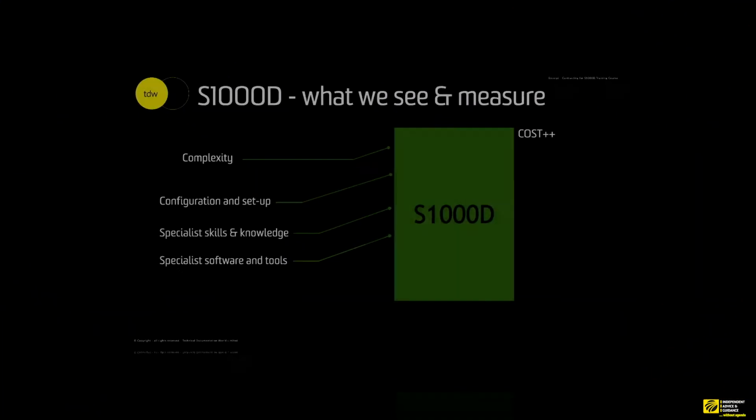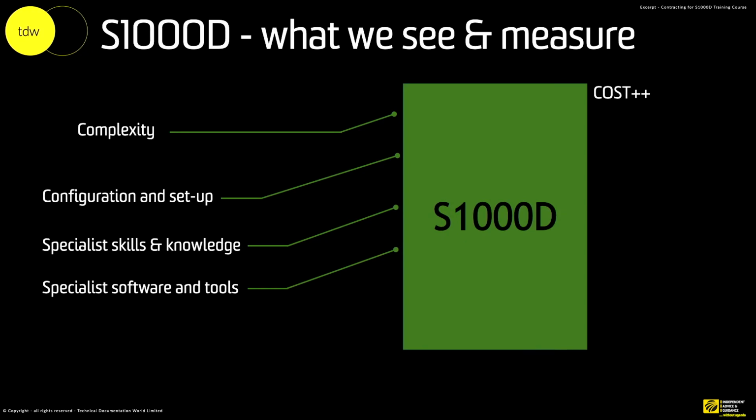What we often see when we talk about S1000D is the obvious: the complexity, the requirement to configure and set up and have all of the building blocks in place for our project, and the specialist skills, tools, software and knowledge required. This is very obvious and is actually one of the biggest barriers when I go in to help organizations adopt S1000D, purely because they find it frightening.